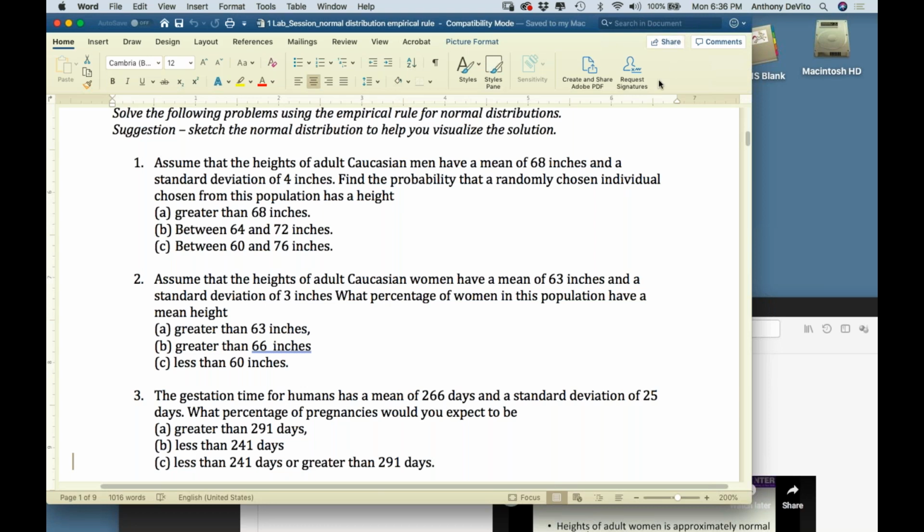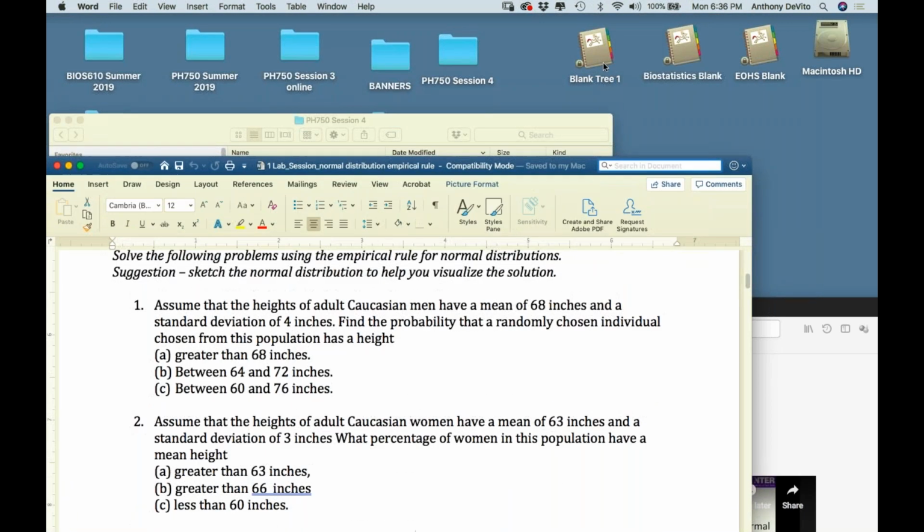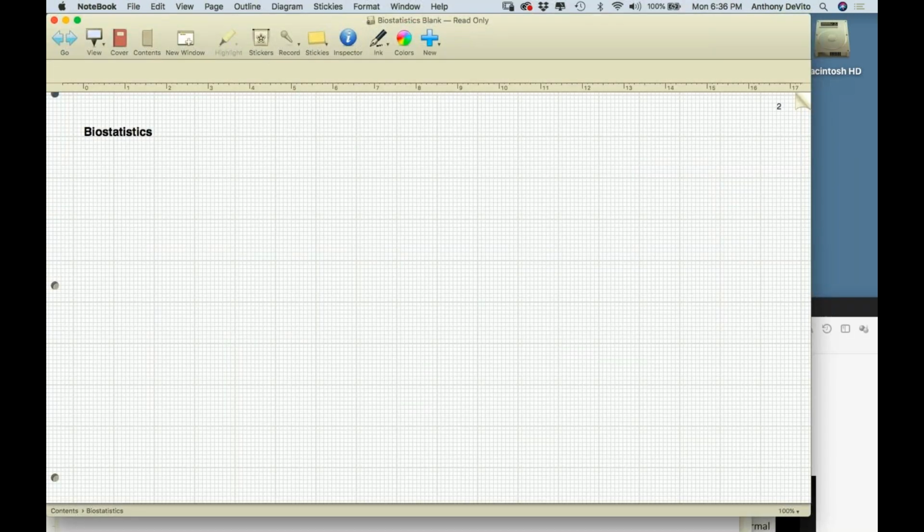Well, for that one, I'm going to actually sketch this out. 68 and 4 were our parameters. So here's our normal distribution.